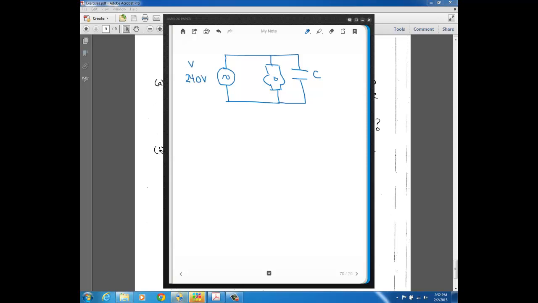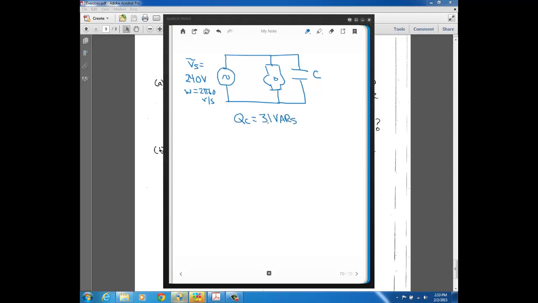That's the source voltage in RMS. And the frequency is 60 Hertz, which is 2 pi 60 radians per second. So we want QC to equal 31 VARs.